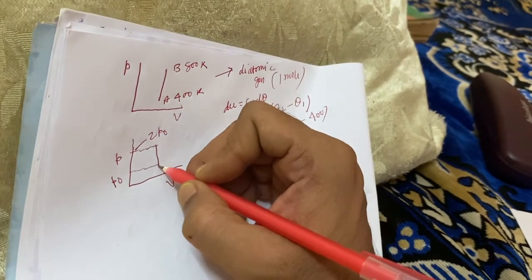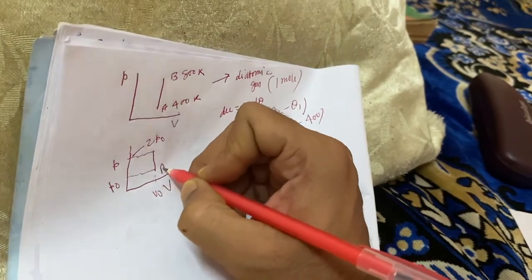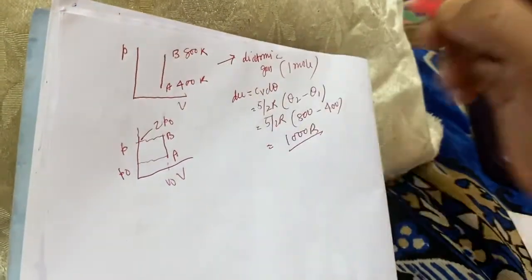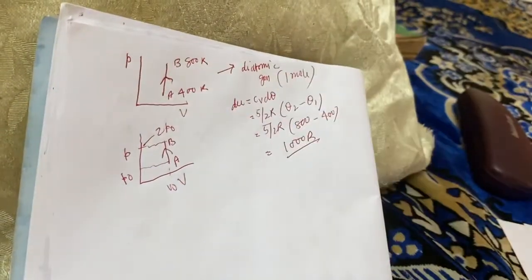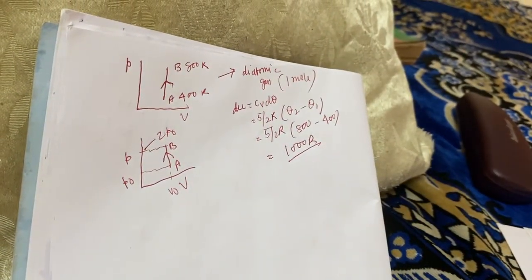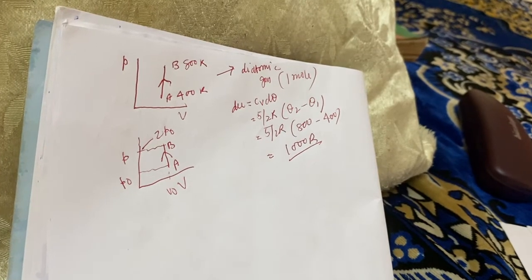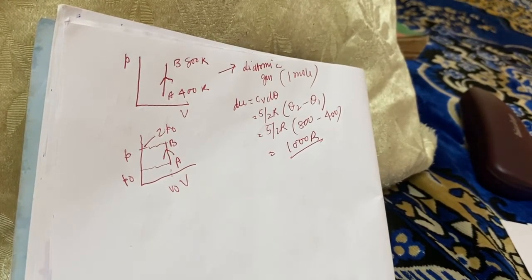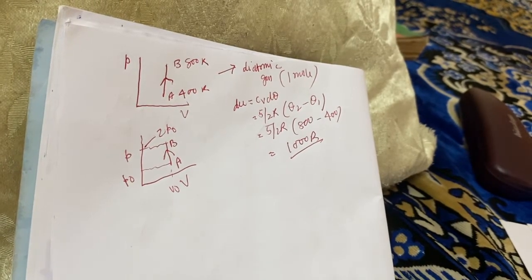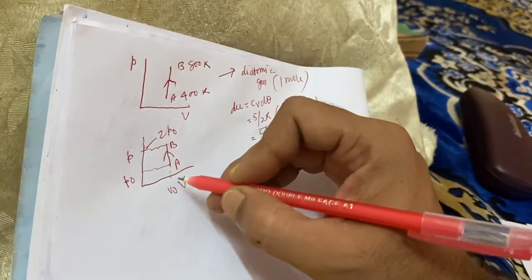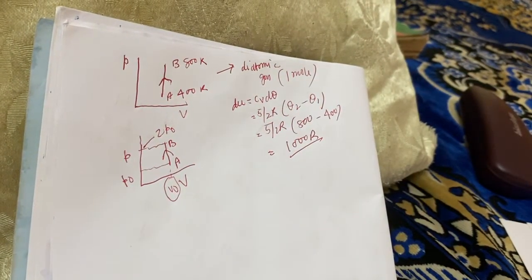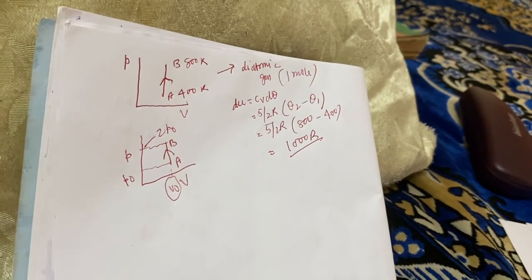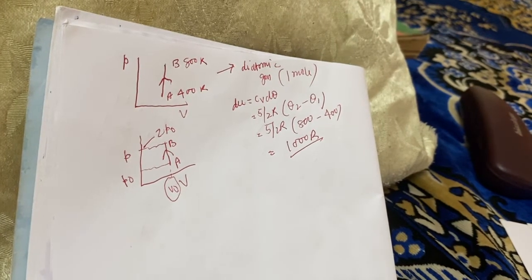This is the same graph, but here the data is given not in temperature. For going from A to B, the pressure is changing from P0 to twice P0 and both are isochoric processes, and the experiment is performed at the constant volume V0. Again you have to calculate the change in internal energy.